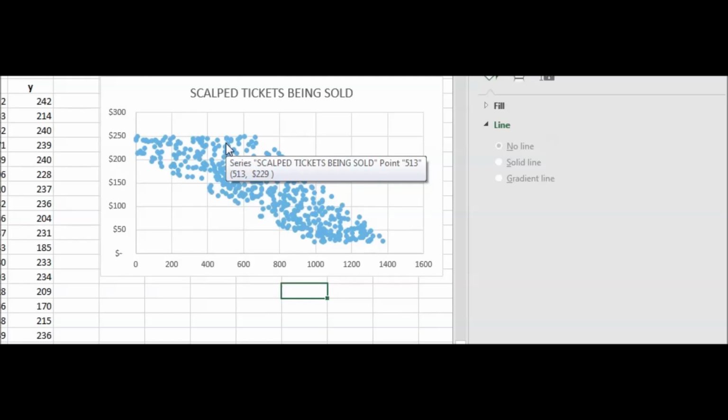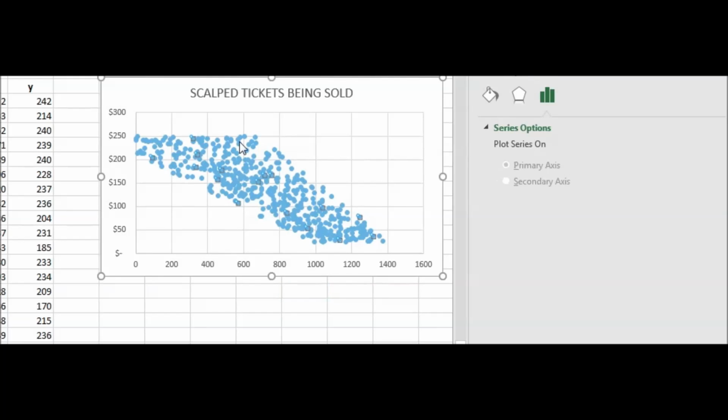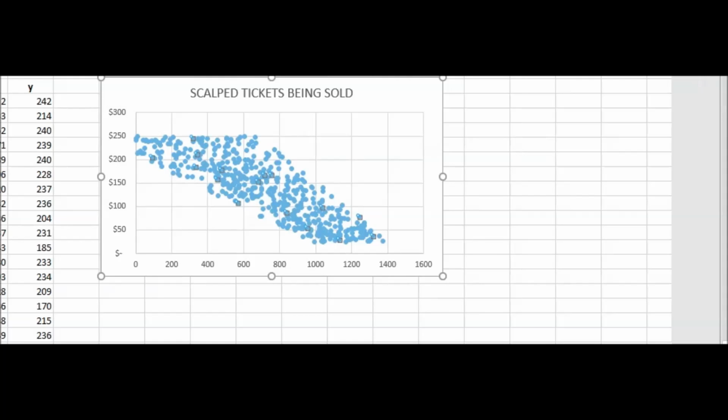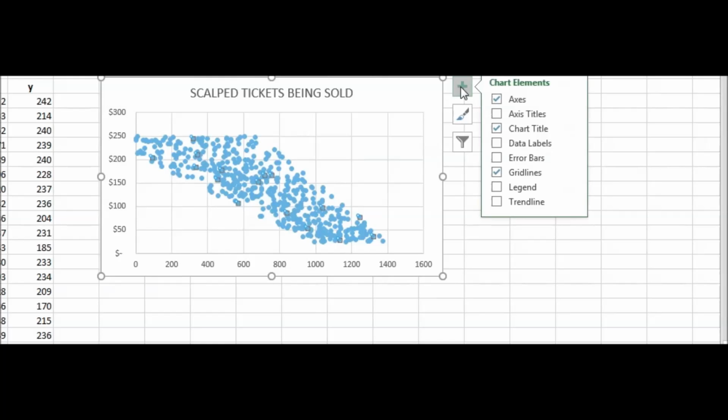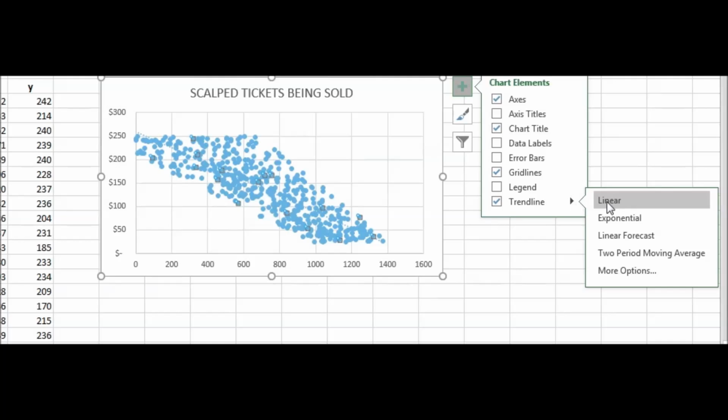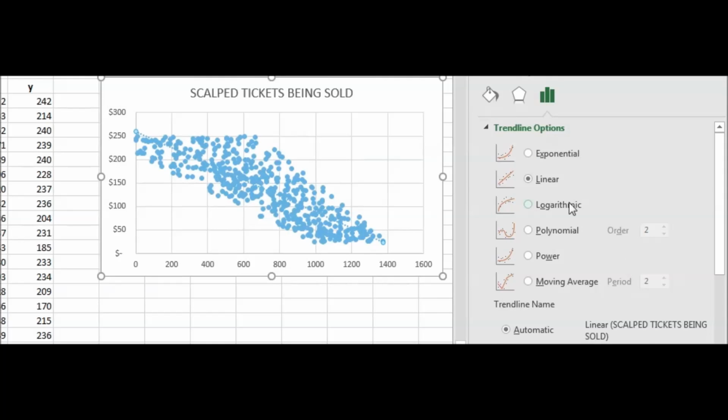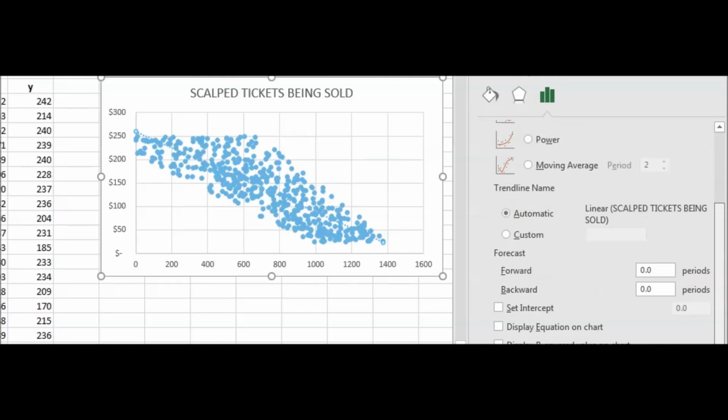There's some sample data which we're going to ignore, but here is the chart, and again I'm going to close something here so that I get my plus signs. I want to use my plus, add a trend line, and choose linear. But it's going to have to be more information than that, so I'm going to choose more options, linear, scroll down, and display on the chart.